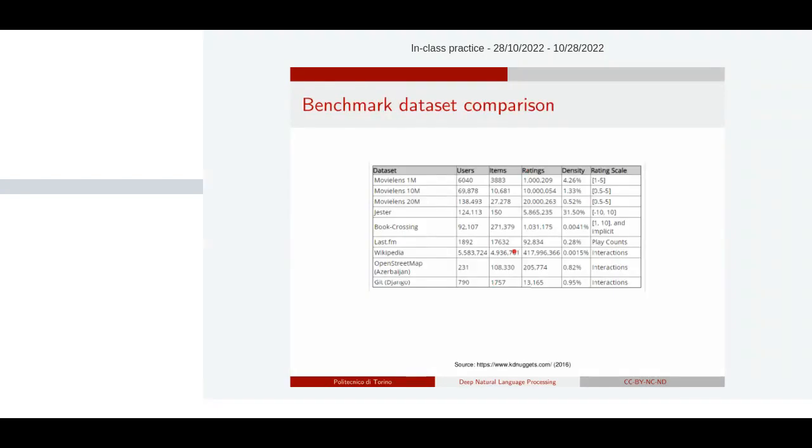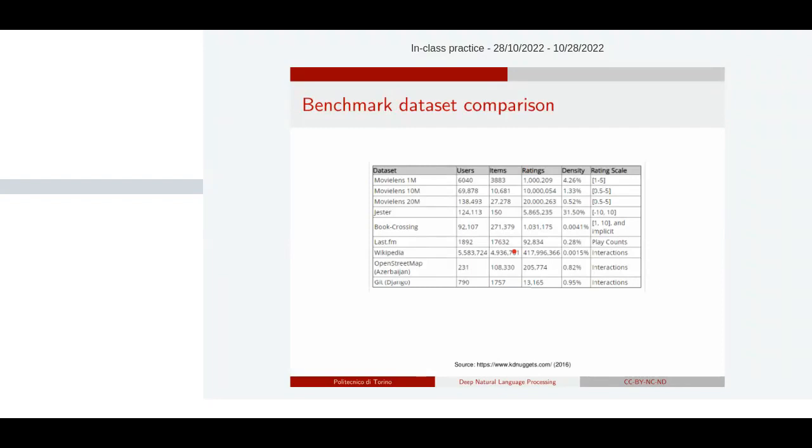So here you can find some characteristics. Why do we need benchmark data? Because the idea is to compare the performance of the systems on some data sets that are publicly available, on which many existing models have already been proposed. So you know what the state-of-the-art performances are.